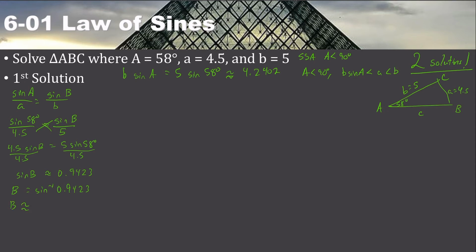So angle B is approximately 70.44 degrees. All right, now we can find angle C. Angle C would be 180 minus A minus B. So angle C is approximately 51.56 degrees.